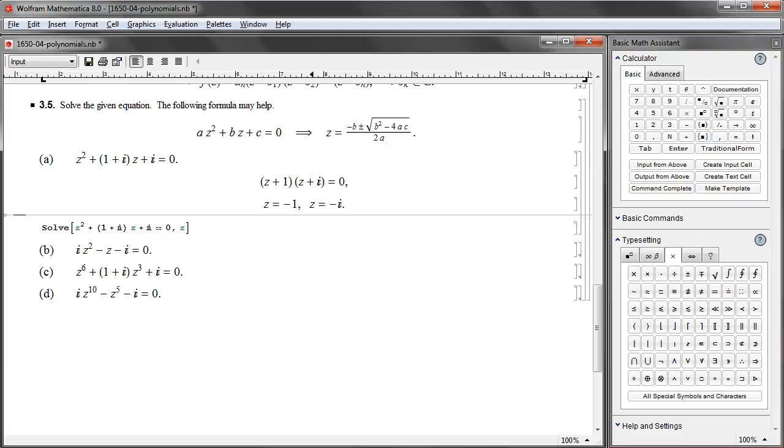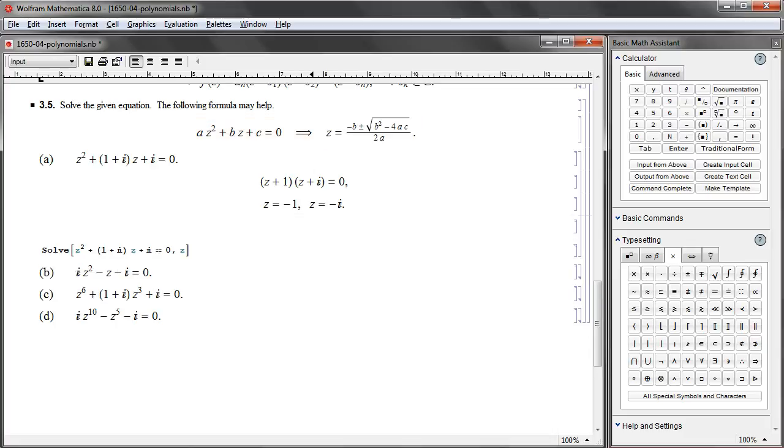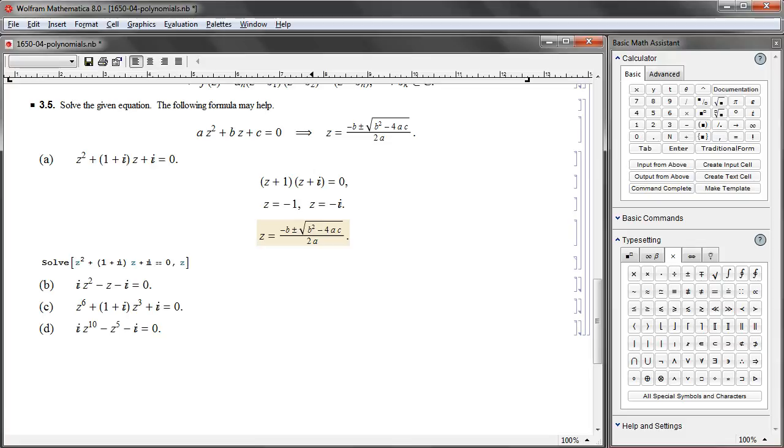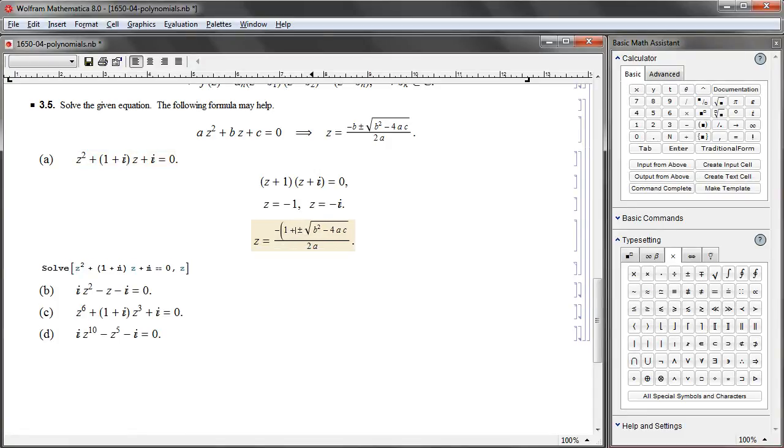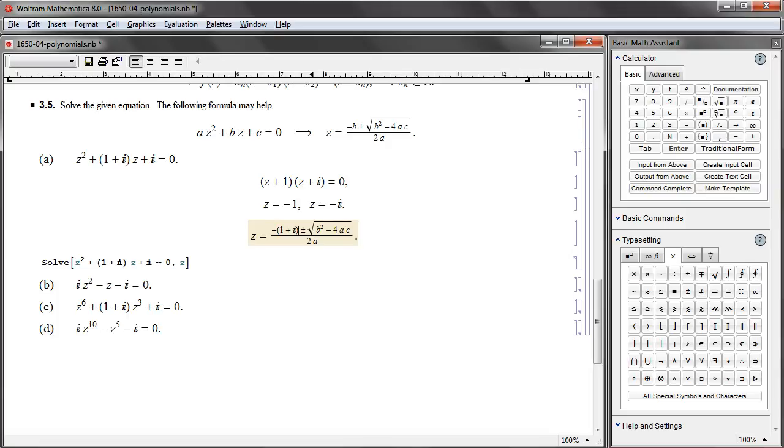But if you want to do that with the quadratic formula, well, let's try that. So -b, and b in this case is 1 plus i, so let's put 1 plus i there, and then this should be 1 plus i squared minus 4a. a is 1, isn't it?